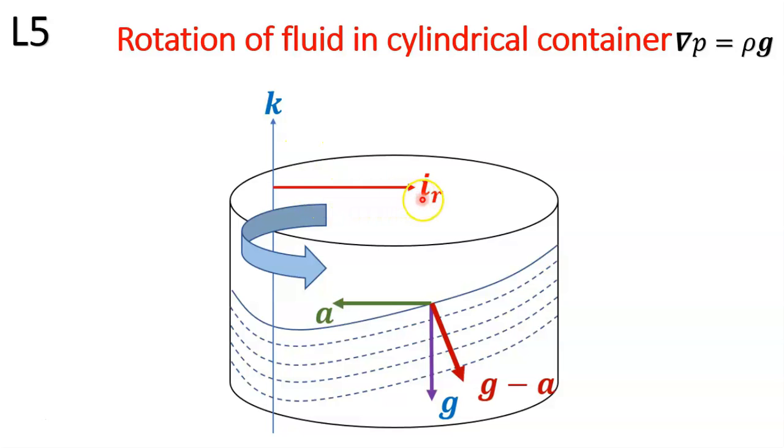Here the radius vector can be indicated using a unit vector i cap r, and the acceleration occurring is in this direction, whereas acceleration due to gravity is acting downwards. Therefore g bar minus a bar, this vector is acting in this particular direction, and in advance I want to notify you that this vector is normal to the constant pressure lines which are indicated here.